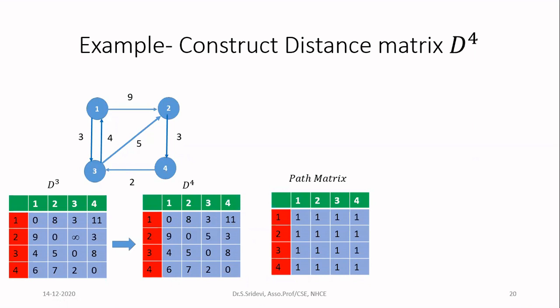We know that the total cost of going from vertex 2 to vertex 3 is 5. This is the shortest path. Sometimes there may be more than one path available, but whatever you find with respect to the matrix D4 is going to tell you the cost of the shortest path.